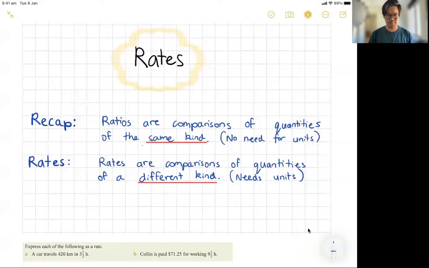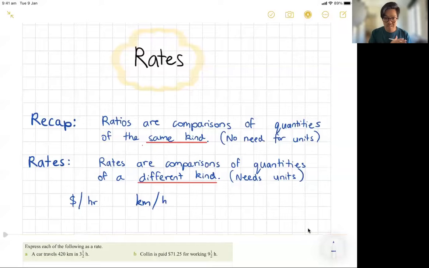Rates are a little bit different. Rates are comparisons of quantities of different kinds. So what that means is we need units. What I mean by different kinds is, say, for example, I might have dollars per hour. Now, dollar is a currency, it's money, and hour is time. Or I could do kilometers per hour.